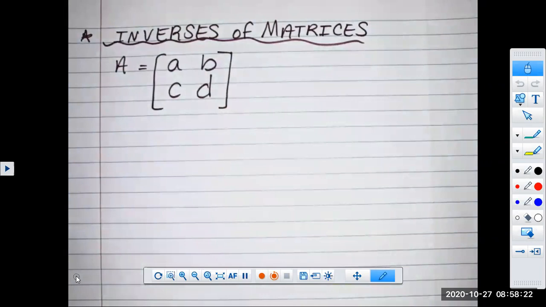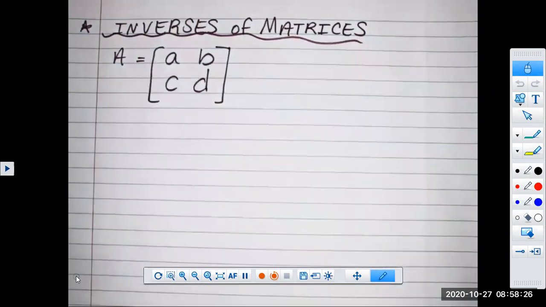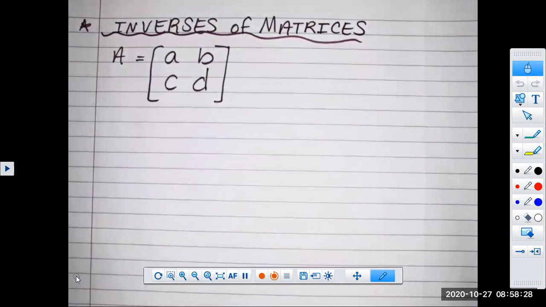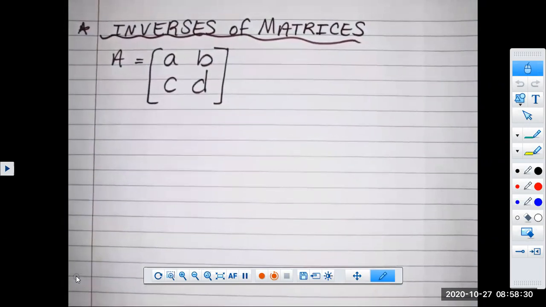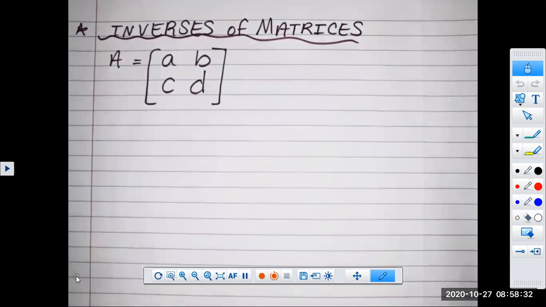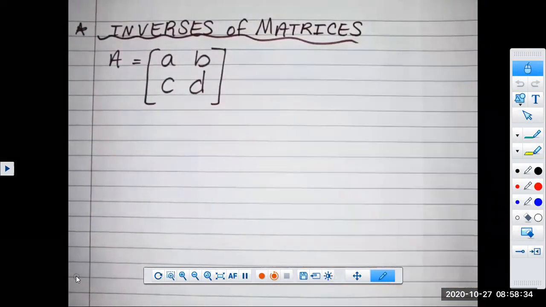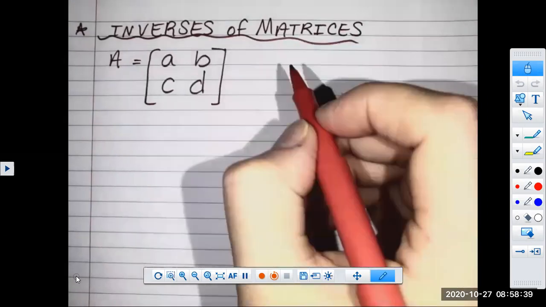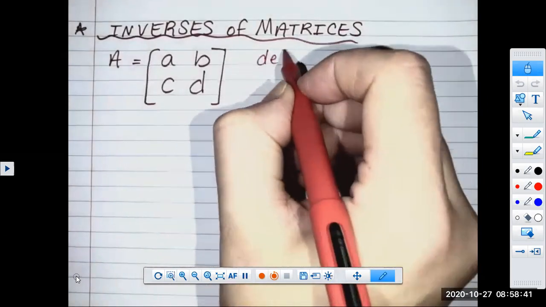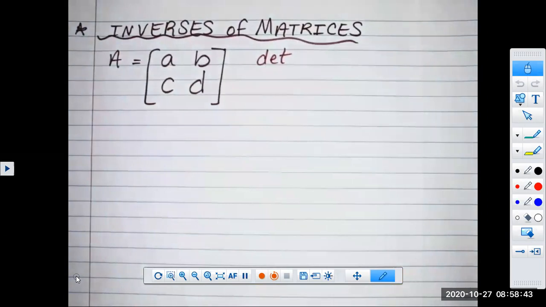Okay, we're going to look at inverses and then move on to the next thing that uses inverses. Let's say you've got matrix A with these elements, A, B, C, and D. You have to figure out your determinant first, because that tells you whether or not your matrix is going to have an inverse.